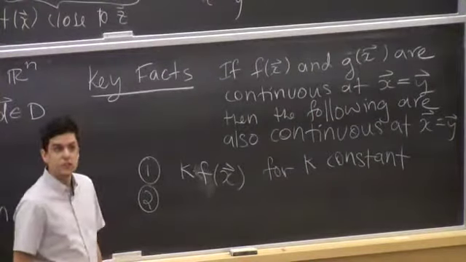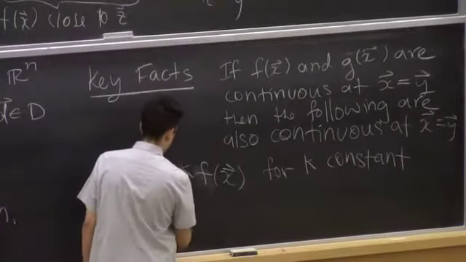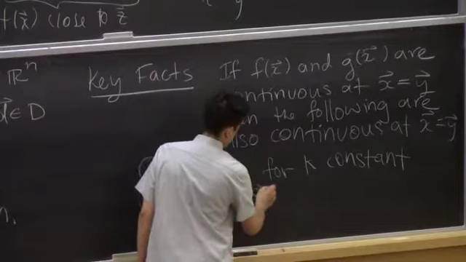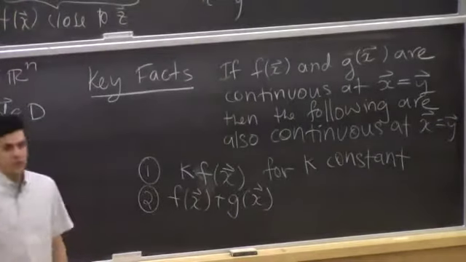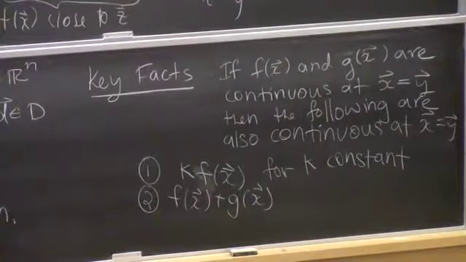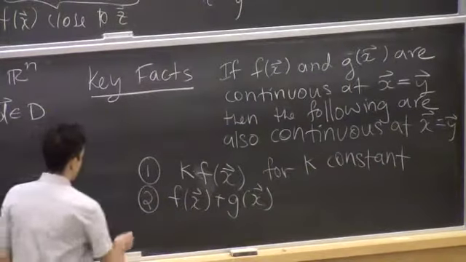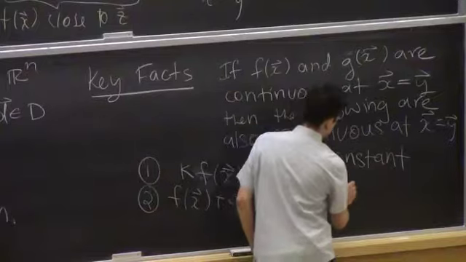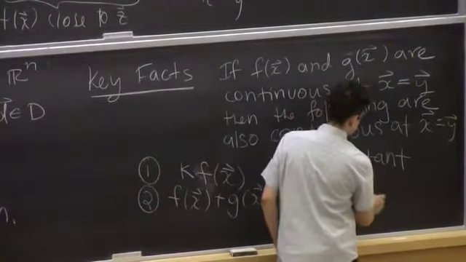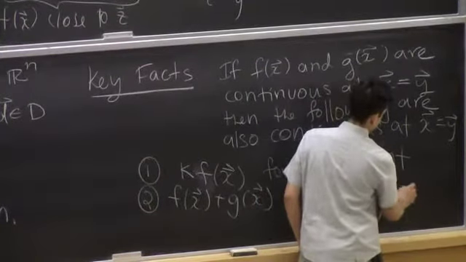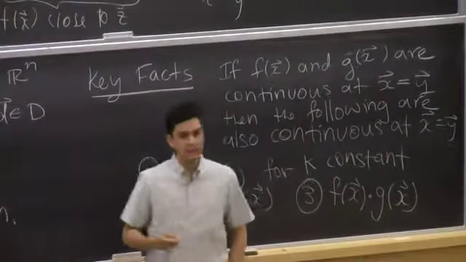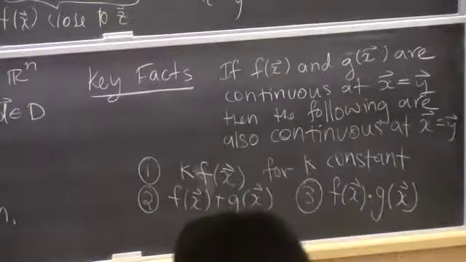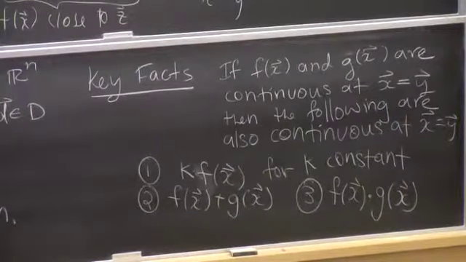The next is where we add them together, so we can add continuous functions together. And the last is where we multiply two continuous functions together.